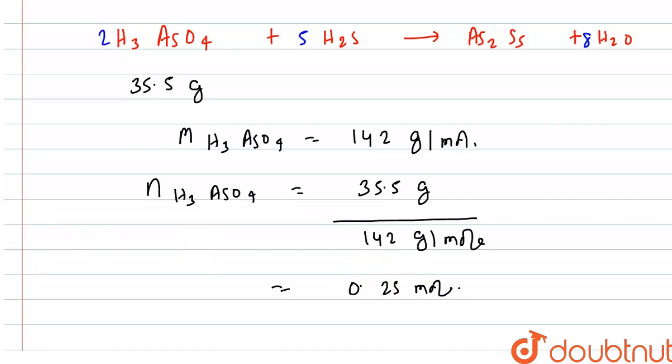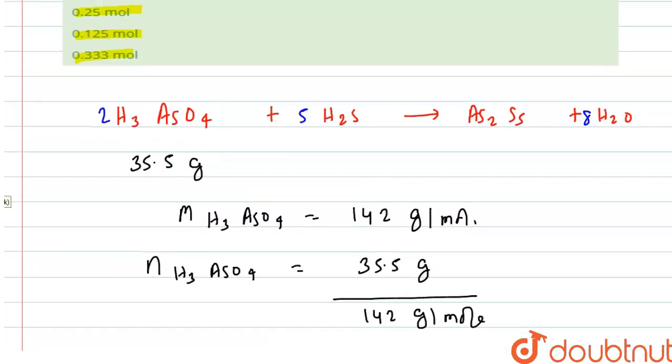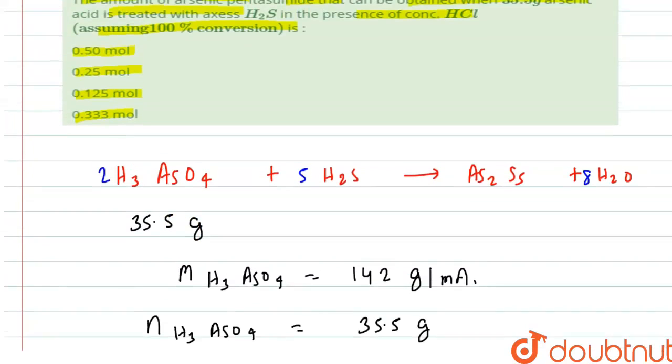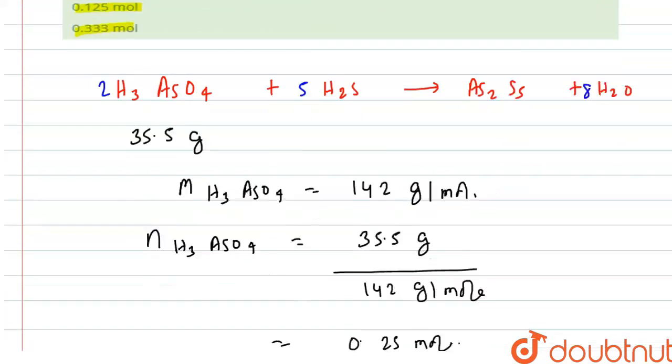Now if we look at the reaction, we can see that 2 mole of arsenic acid gives 1 mole of arsenic pentasulfide.